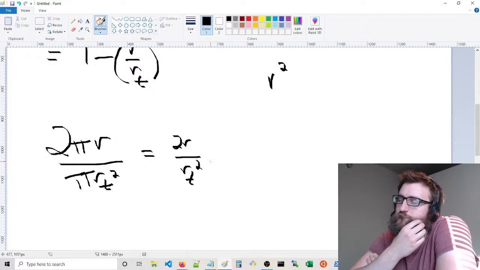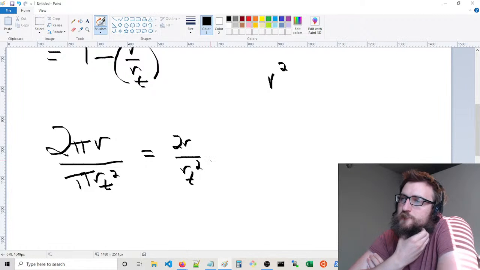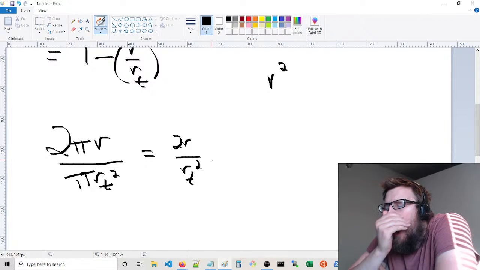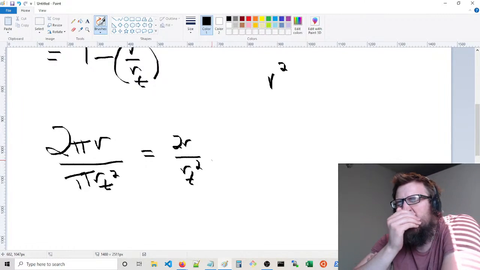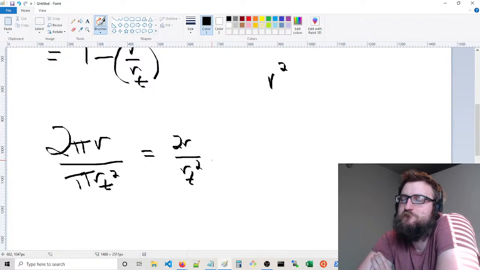So is that the probability of having a particular radius r? I think that's kind of the problem, part of the problem.